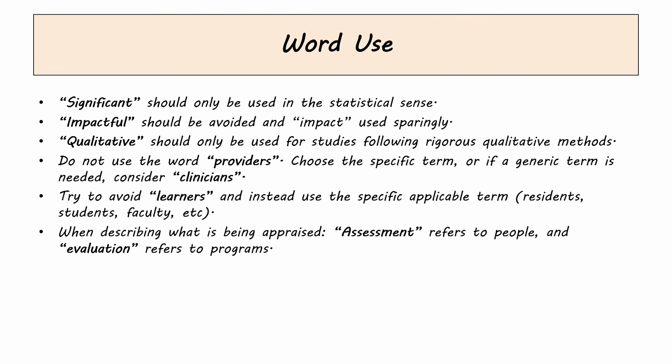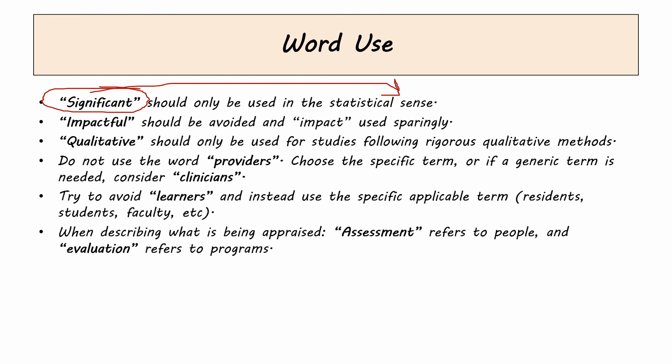While writing the case report, you should avoid some terms because they have specific meaning in research. For example, significant. Don't use the term significant for indicating an important topic because it usually indicates statistical significance.